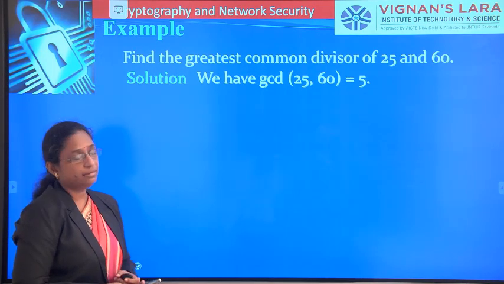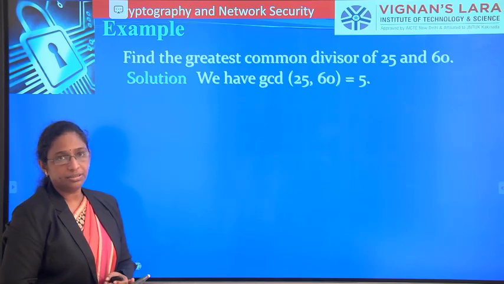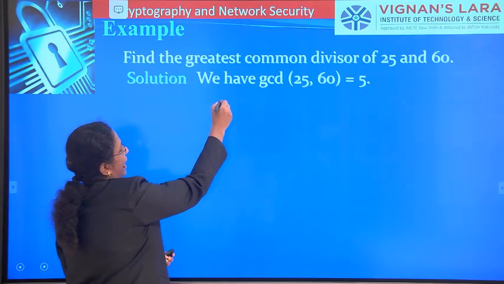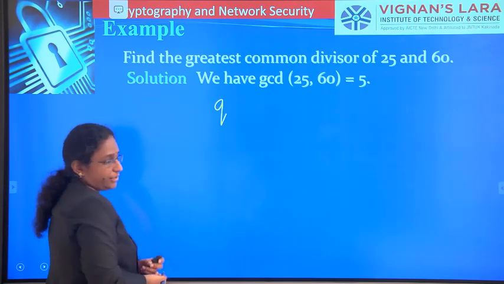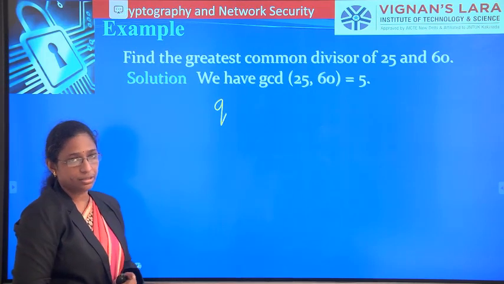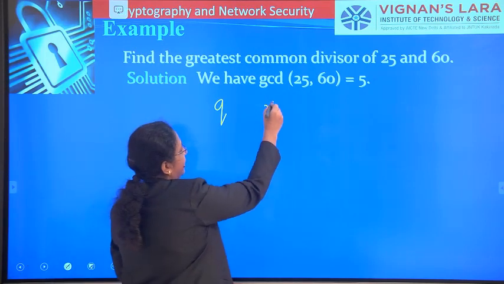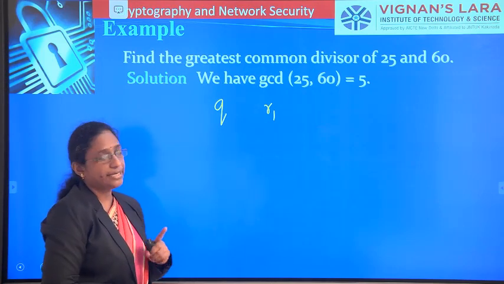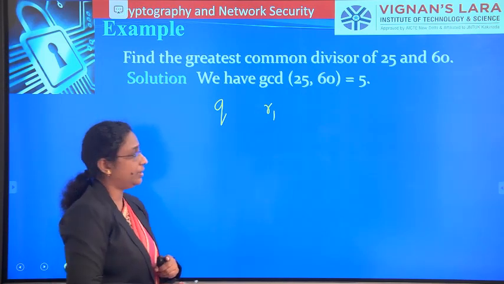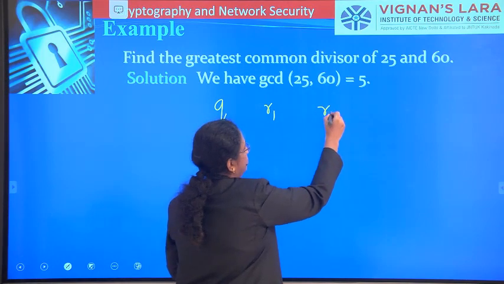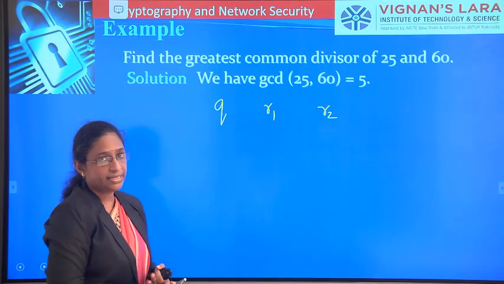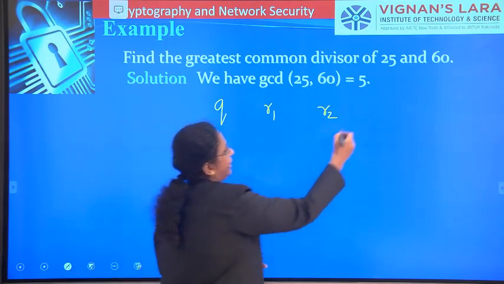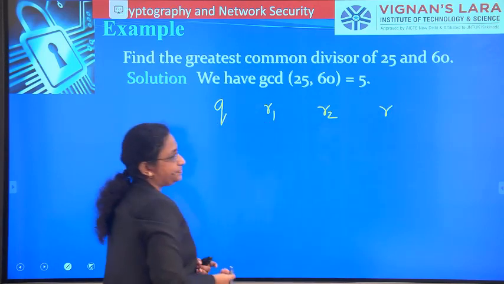For calculating that, we have to create a table. In the table you will have a Q value, which is nothing but the quotient. R1 is a variable assigned to A, the first number, and we will have an R2, which is assigned to B, and then we calculate the remainder.